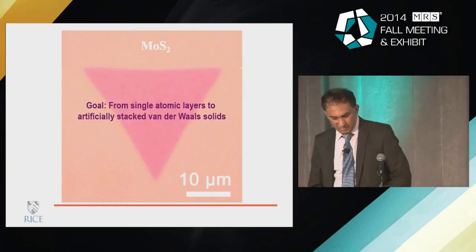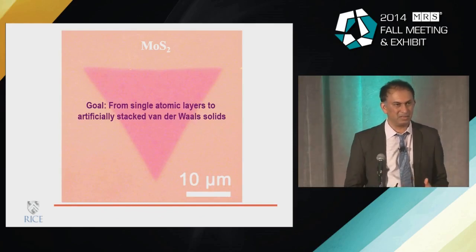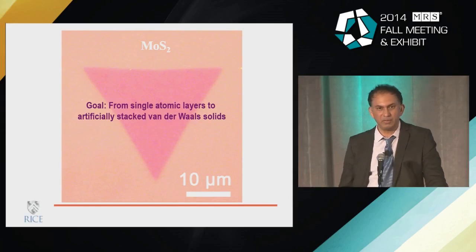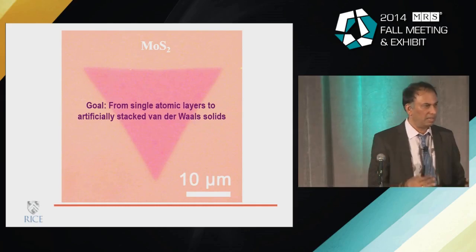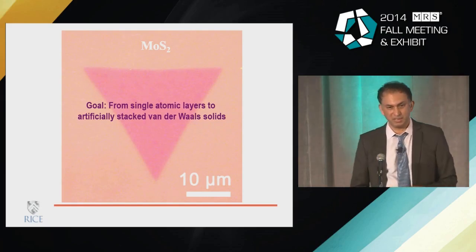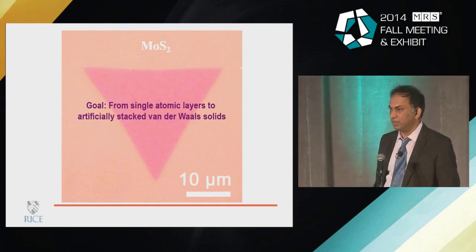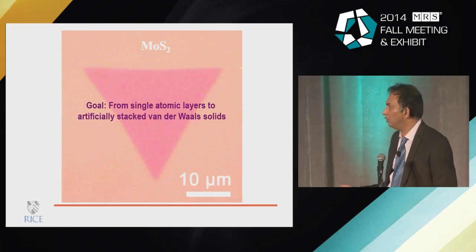The fascinating goal that we have is to be able to build these stacks of different character, different compositions. And I think that's what a lot of people are doing. If you were listening to the Symposium J, a large number of the talks were related to this ability to engineer different compositions and build these three-dimensional stacks of two-dimensional material. I think this whole idea is fascinating because you're really building these van der Waals structures that have very new character.